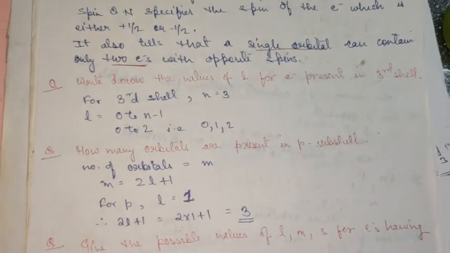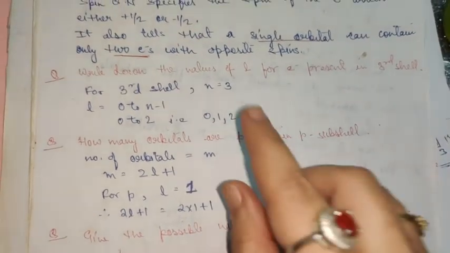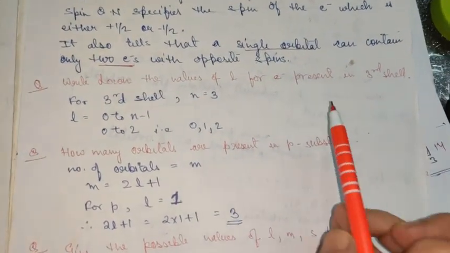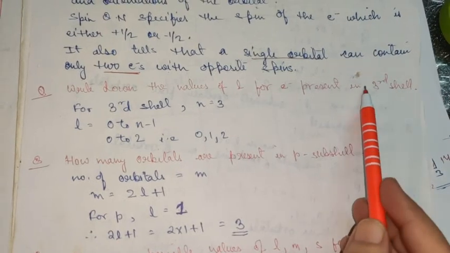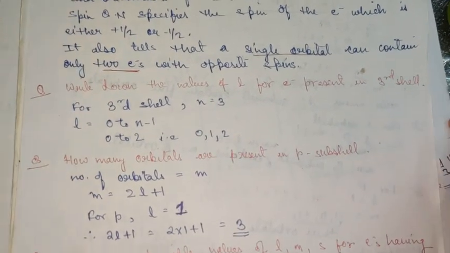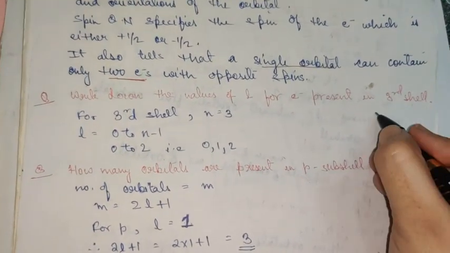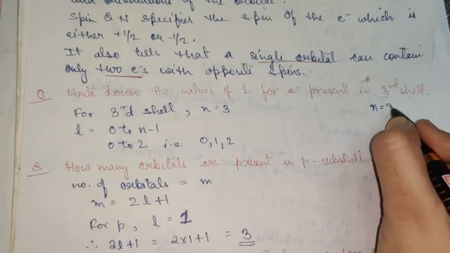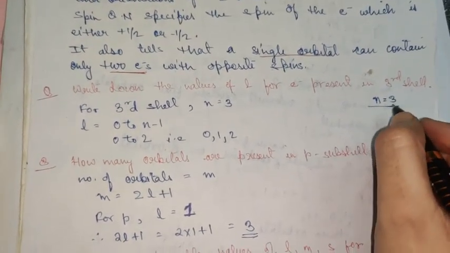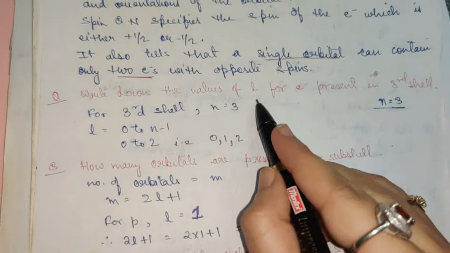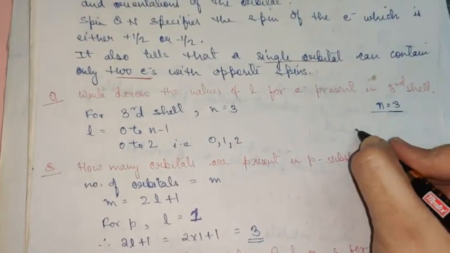Now here you can see some more questions are written. Write down the values of L for the electron present in the third shell. Third shell means n equals 3. For n equals 3, you have to find all the possible values of L. This we have discussed just now.